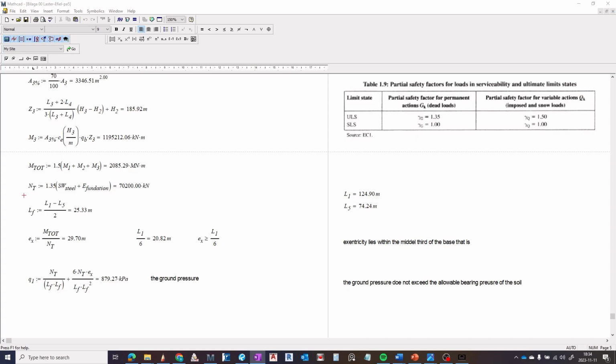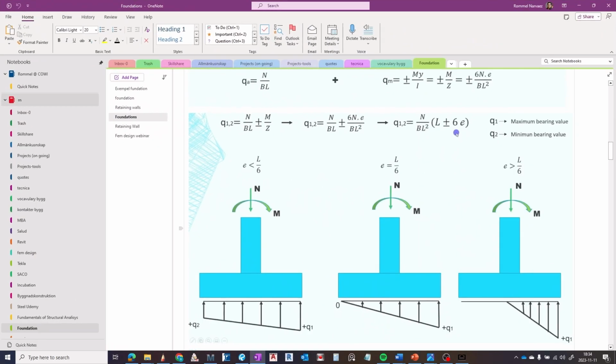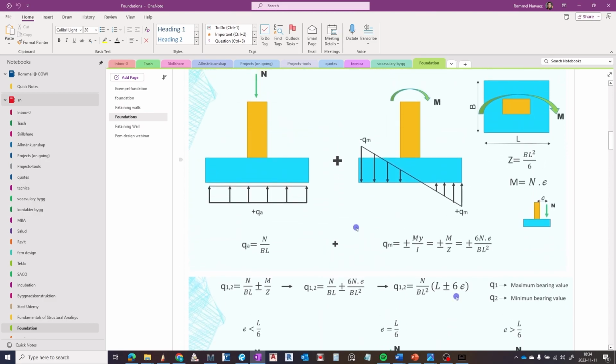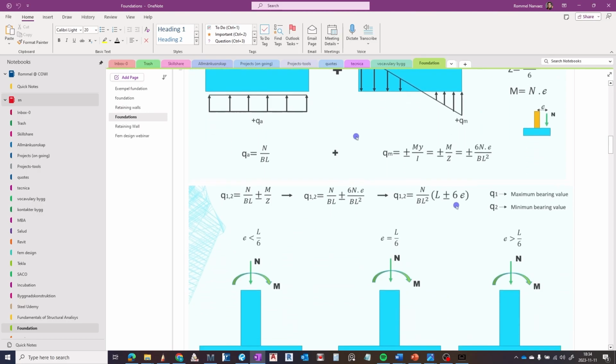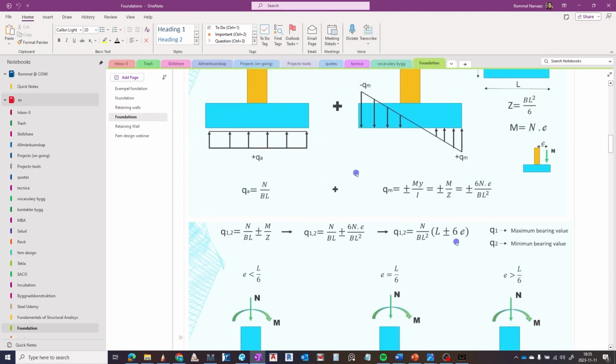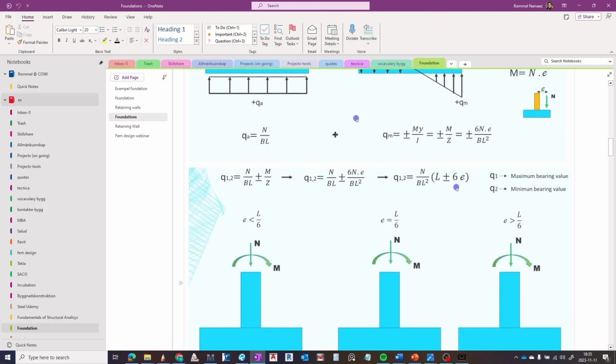In foundations, of course, I can show you. I'm going to apply this kind of Navier's formula for foundations, and here are 3 cases when the eccentricity of the loads and moments is less than the whole length of the foundation. And you have 2 cases here. Of course, I'm making these assumptions.